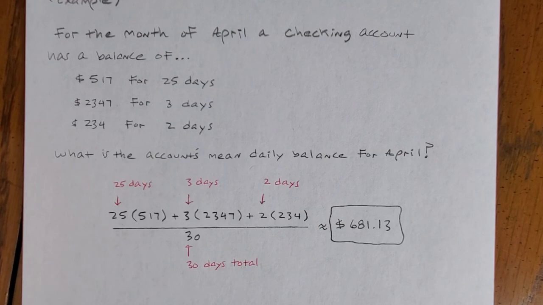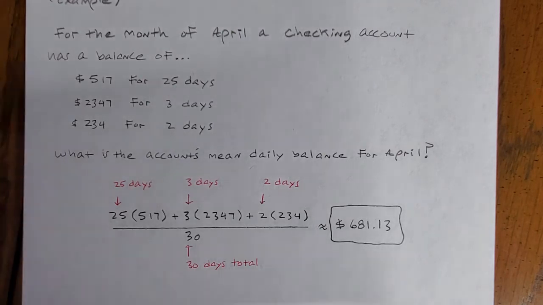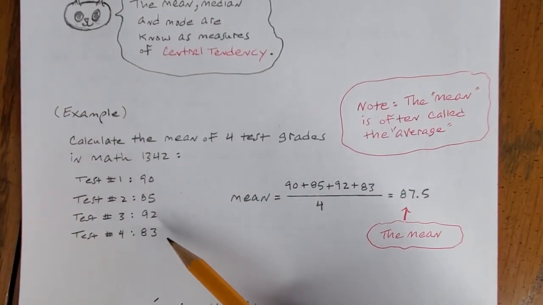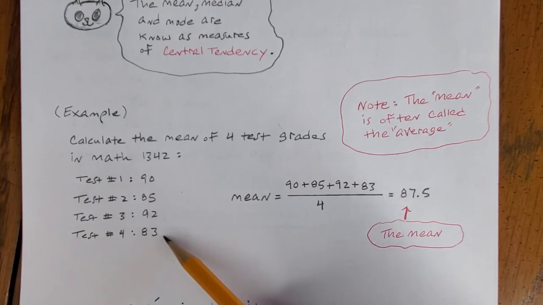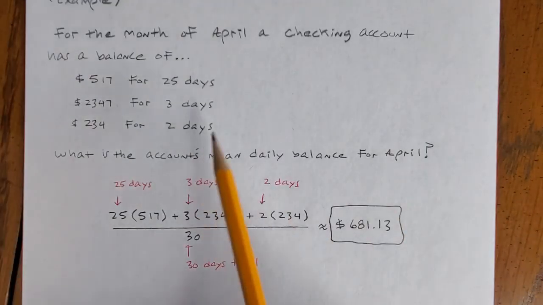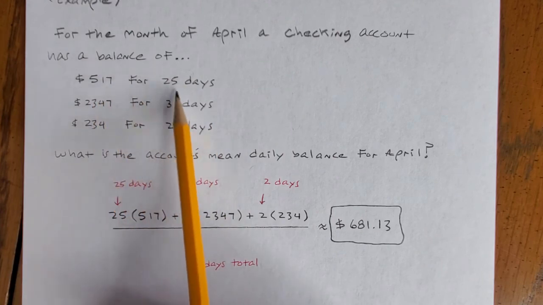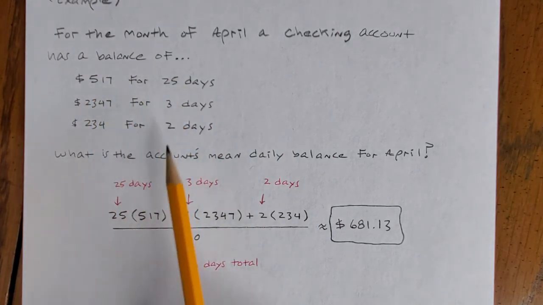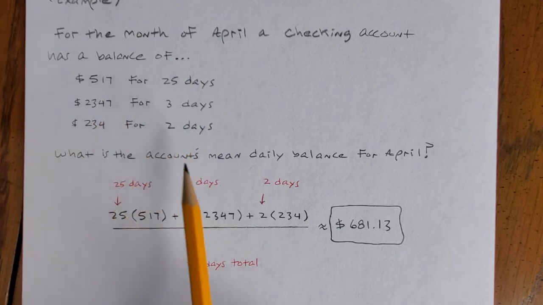Now, I want to tell you that that is just like the very first example. How do you find the mean of a data set? Add all the data entries together and divide by how many data entries there were. In this data set, there's 517, that's this. There were 3 2347s, that's this, and I'm adding them all together.